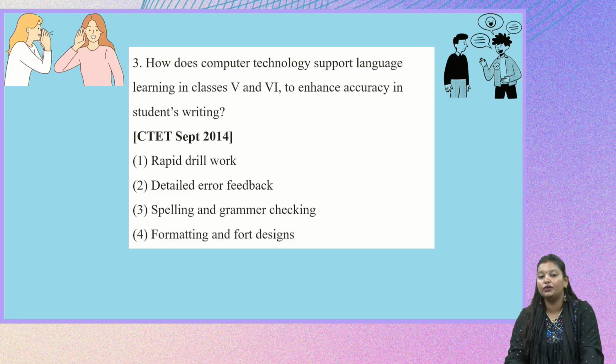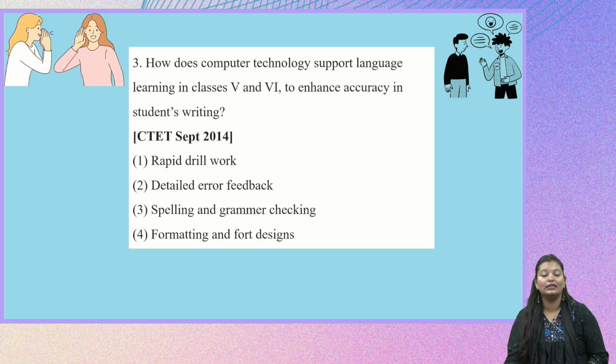How does computer technology support language learning in classes 5th and 6th to enhance accuracy in students' writing? Now they're talking about writing skills here and also how computer technology will support language learning. So the options in front of us are rapid drill work, detailed error feedback, spelling and grammar checking, formatting and font designs.